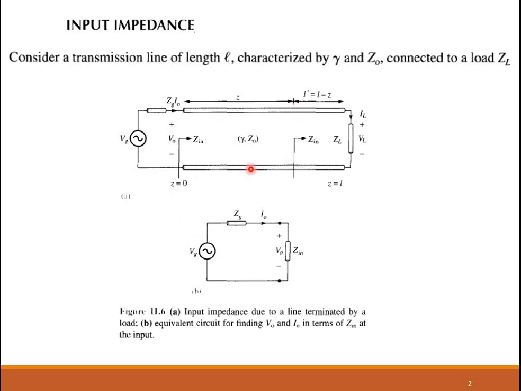Looking into the line, the generator sees the line with the load as an input impedance Zin. I'll just repeat that statement once again: looking into the line, the generator sees the line with the load as an input impedance Zin.